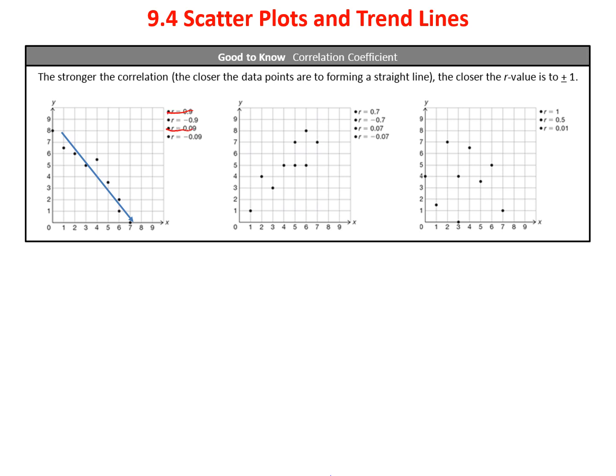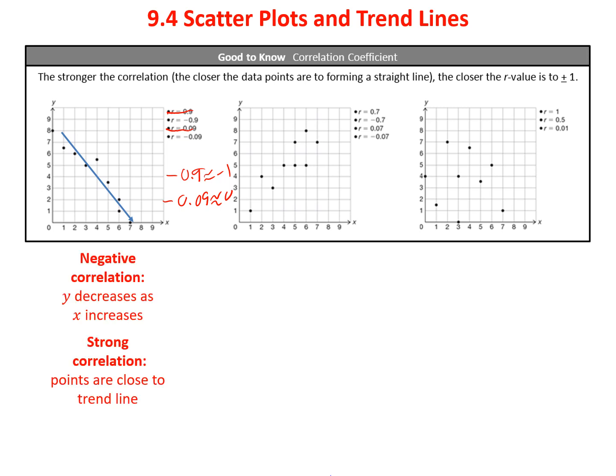So my choice is between one that's real close to -1 or one here that is -9/100ths, which is actually close to 0. So the question now is, are the points close to the line or not close to the line? And I would say they're pretty close to the line. So in this case, this is a strong negative correlation. And so I would go with r = -9/10, close to -1.